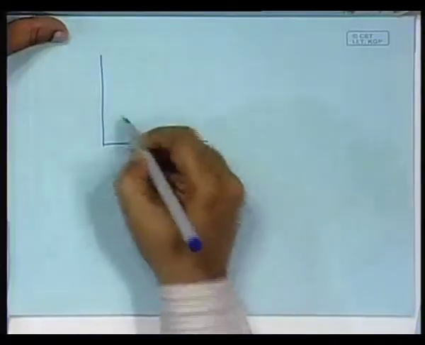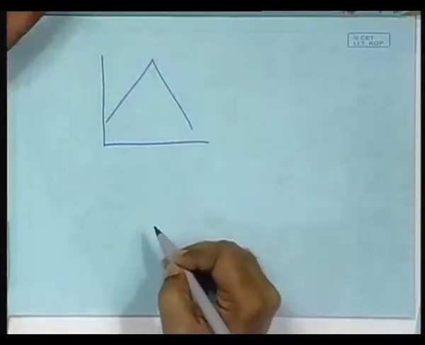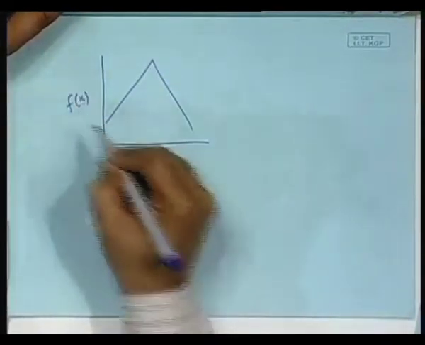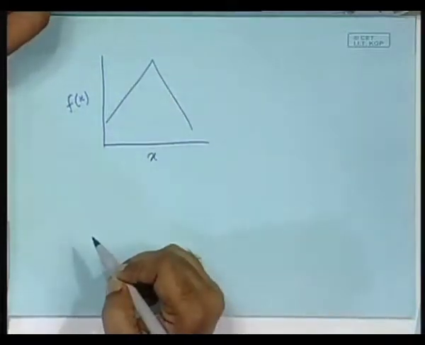The class of problems in which this can be obtained in closed form, do you understand what a closed form is? Where you can write down the functional form, are those which are piecewise linear. That means, say something like this, a function x to f x, and the function is piecewise linear.